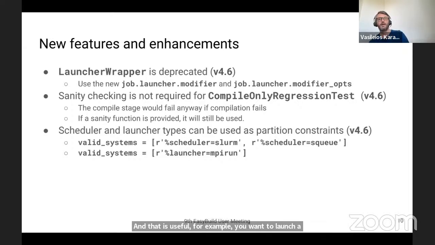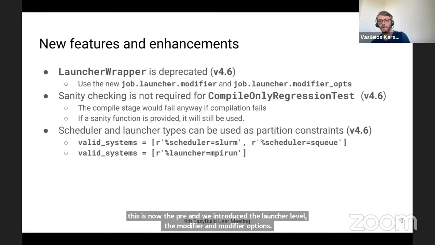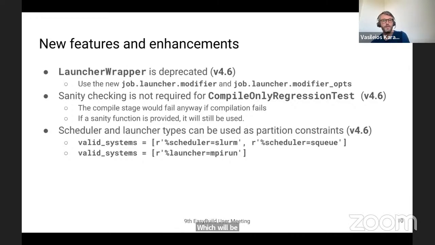So this is now deprecated, and we introduced at the launcher level the modifier and modifier options, which will be prepended to the srun command. And another little improvement is that for compile-only tests, you no longer need to define a sanity function if you don't want to, because by default the test would fail anyway if the compilation fails.